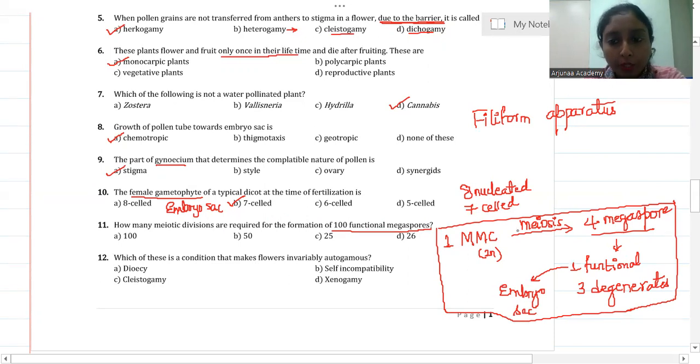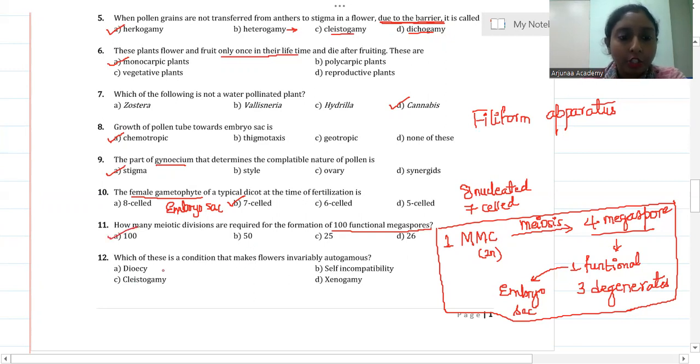And how many meioses? For 1 MMC to produce one functional megaspore, one meiosis. For 100 MMC to produce 100 functional megaspores, 100 meioses. It's very simple. So here the answer will be option A, 100.